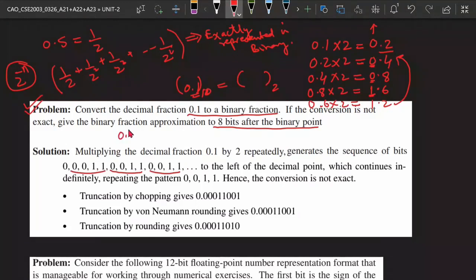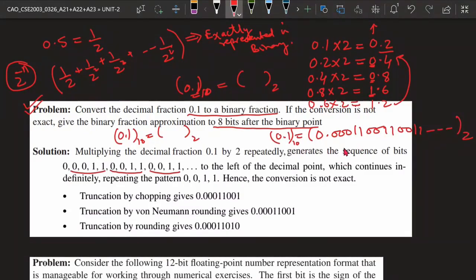So 0.1 cannot be represented exactly in binary. So here this is going to be repeated. So we can write 0.1 in decimal, and in binary it will be 0.0001100110011, and so on. It will be up to infinity in binary.